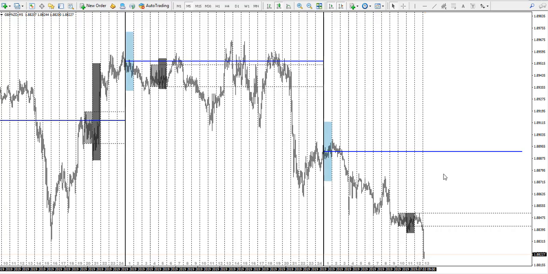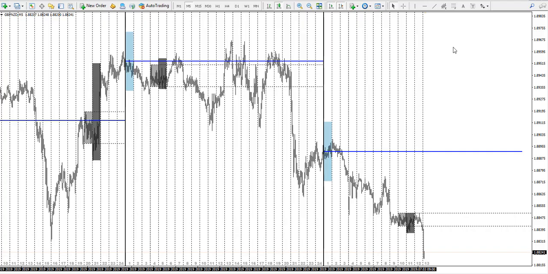The shaded box above and below the blue line is 20 pips, and the shaded box is like a measuring device. It's like when we look at correlated pairs, I like to look at how far price is moving up or down against the 20 pip boxes.